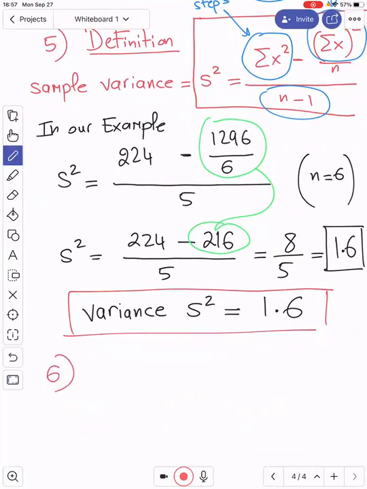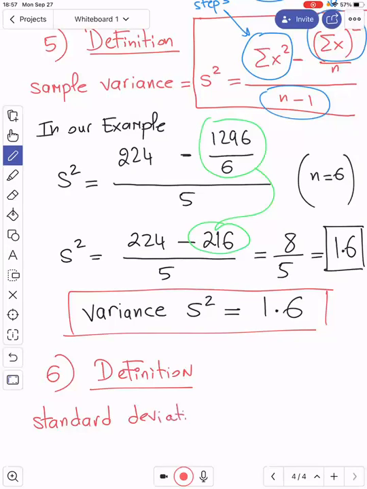This is the definition of the standard deviation, which is denoted by S. The sample variance is S squared, and the standard deviation is S, which is just the square root of S squared. The square root and the square cancel out, so the square root of S squared is just S.